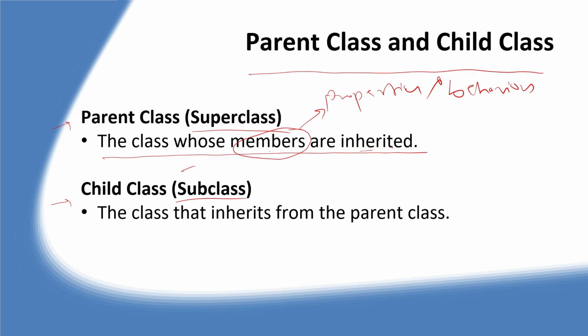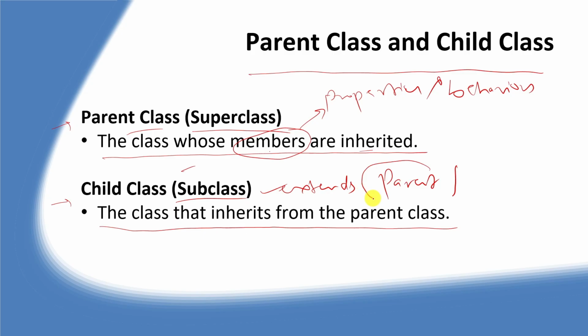Inherited means this property and behavior will go to another class. That's why we say this is the parent class. Now, what is a child class or subclass? The class that inherits from the parent class. Whenever we use a child class, we write extends and give the parent class name.